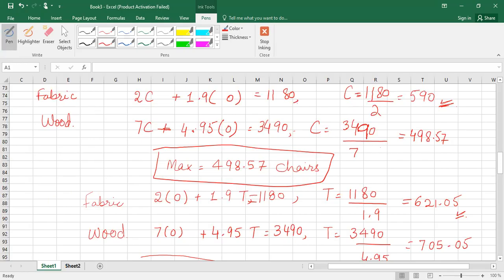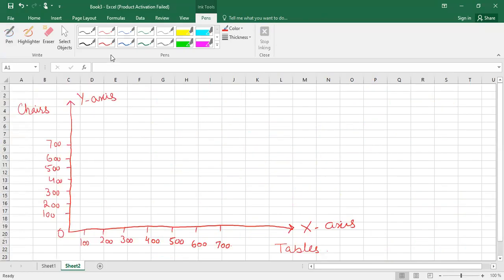So for chairs, this is almost 590, this point, and this one is almost 621 for the tables.